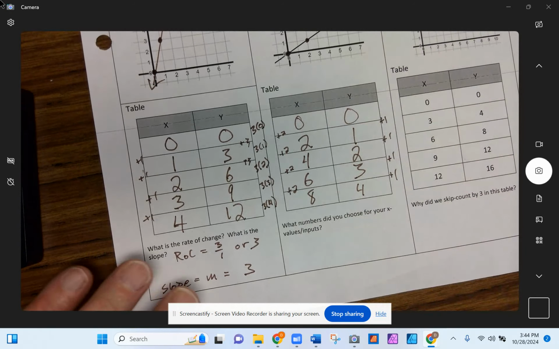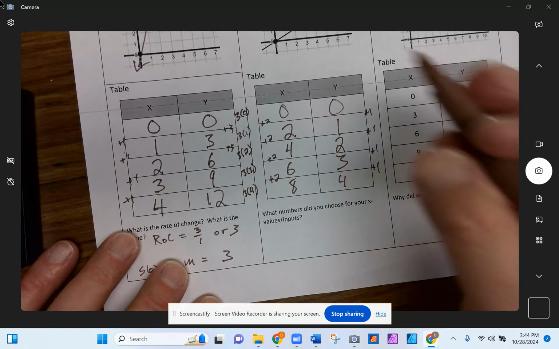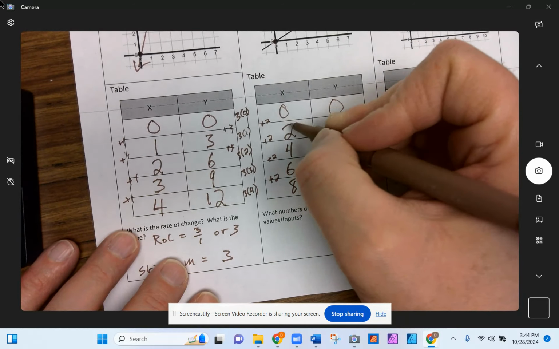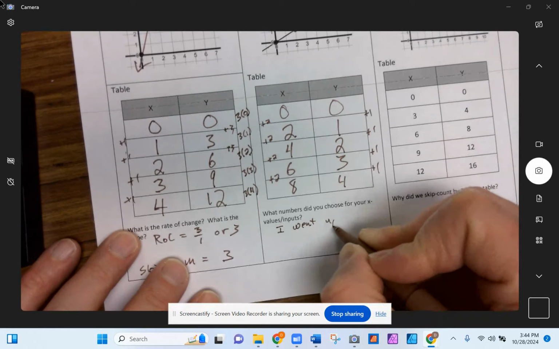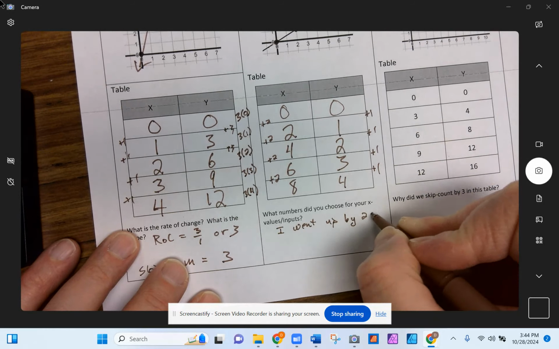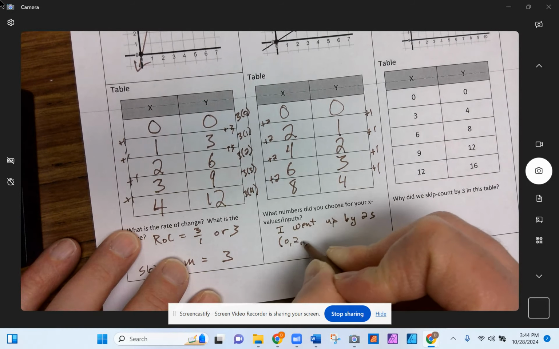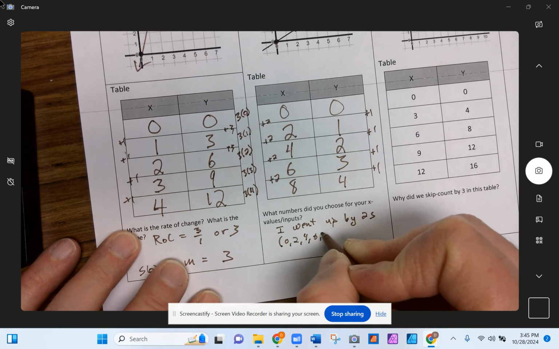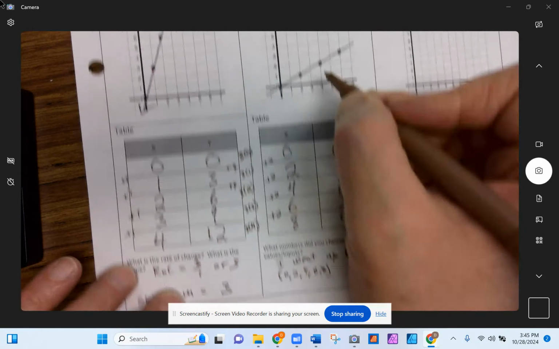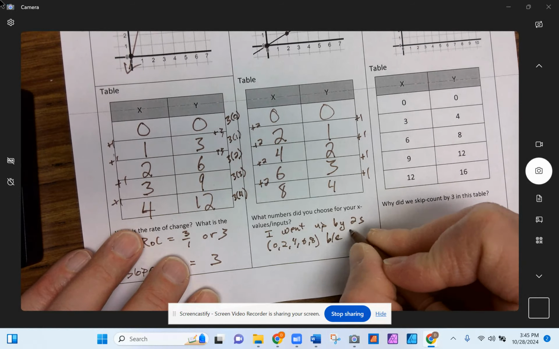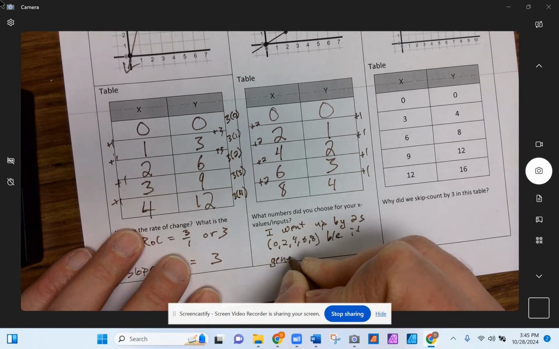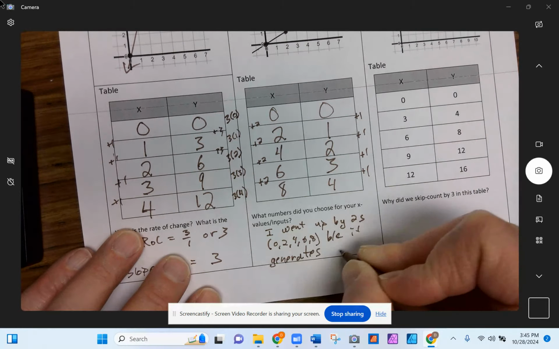So what numbers did you choose for your x values or inputs? Well, I chose even numbers. I went up by 2's. So for instance, 0, 2, 4, 6, 8. And the reason is because it gives us whole numbers for our outputs, or our y values.